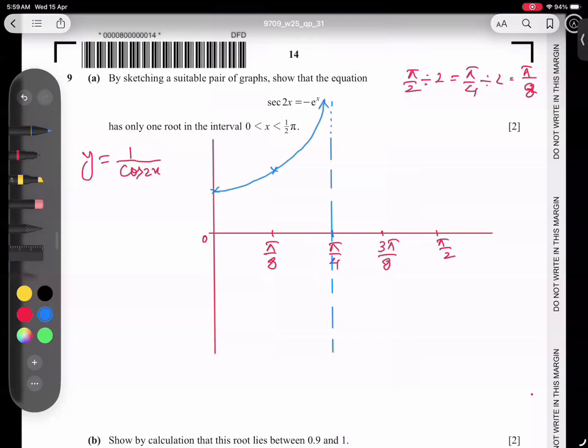Okay, now the meaningful part. When you plug in 3 pi by 8 here, 3 pi by 8 is approximately 1.18, and 2 times that is about 2.36.